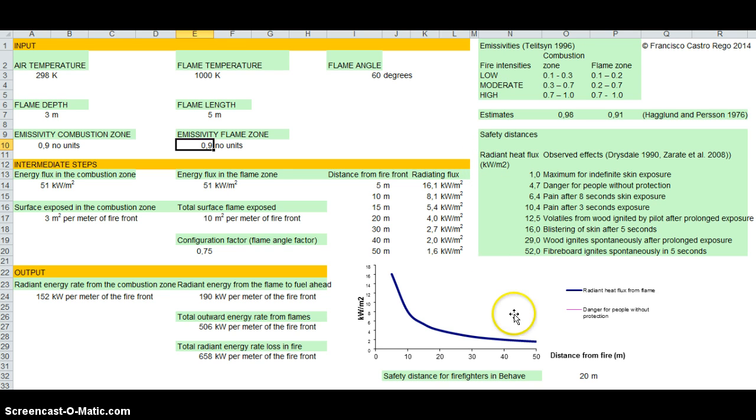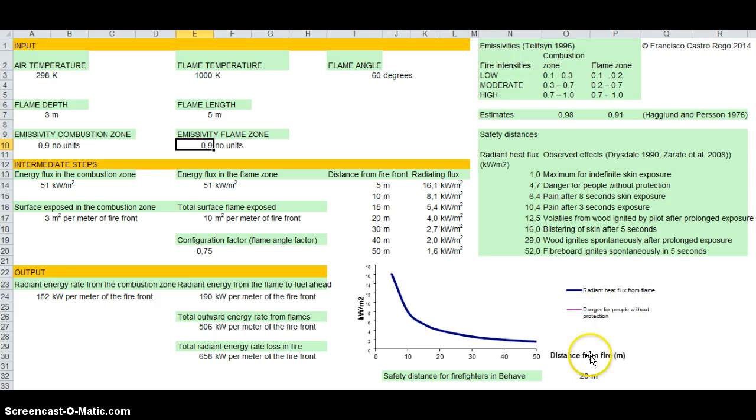Because of that, you can have a safety distance for firefighters as a function of this heat flux. So as firefighters, the safety distance from fire is about 20 meters on this fire, where you have about 4 kilowatts per square meter, which is more or less related to this limit for danger for people without protection.